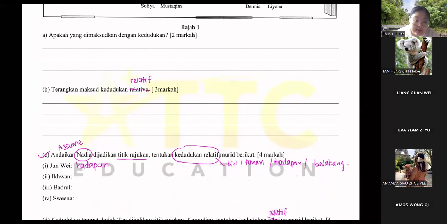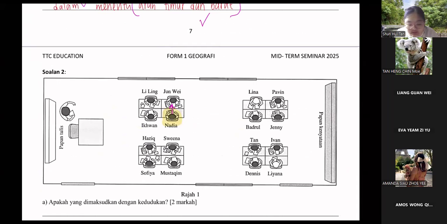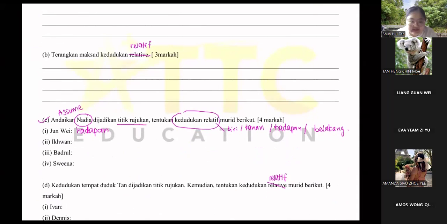All right. How about I1? Where is I1? I1 is here. If here is front, here is the back. Then how about this? Is this left or right? Do you know how to determine? Yes, this is left, this is right. So left, kiri.